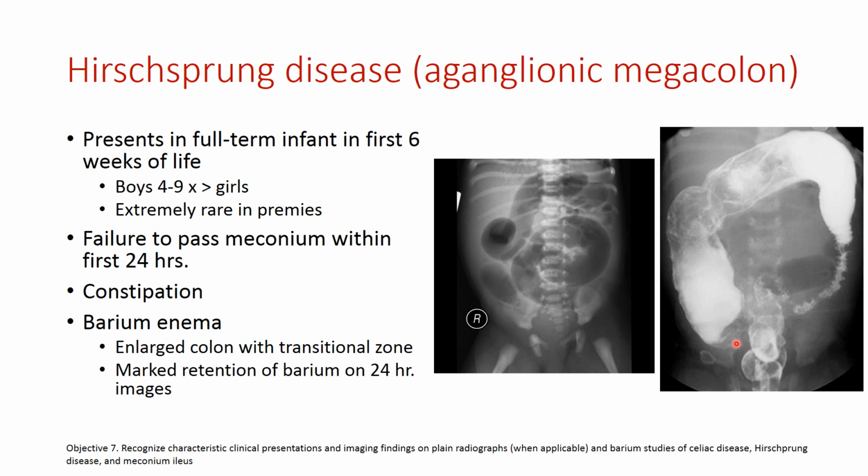The other thing we'll see is if we do a barium enema and send the patient back to their ward and bring the patient back in 24 hours, normally babies will have multiple bowel movements, but these babies will have significant retention of barium within the bowel on a 24-hour radiograph, and that's what I suspect this is. I suspect this is probably a 24-hour image.